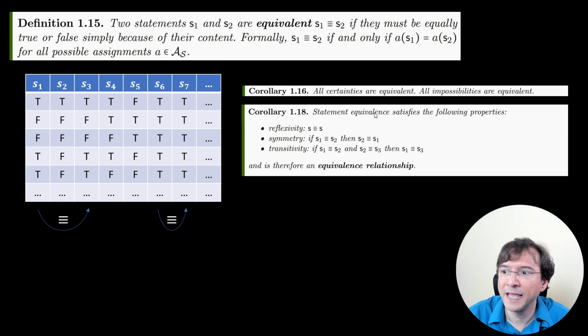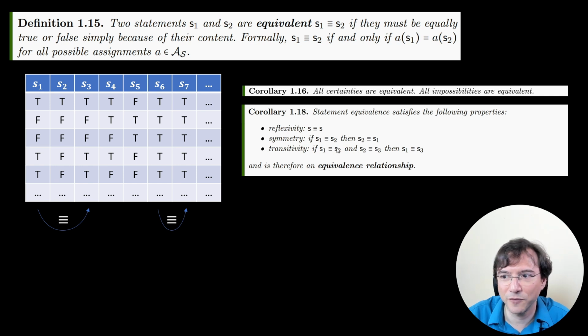What you can show is that this statement equivalence has these three properties. It's reflexive, meaning that a statement is always equivalent to itself. It's symmetric, because if S1 always has the same truth value as S2, then all the truth values of S2 are always going to be the same as S1. And it's transitive.